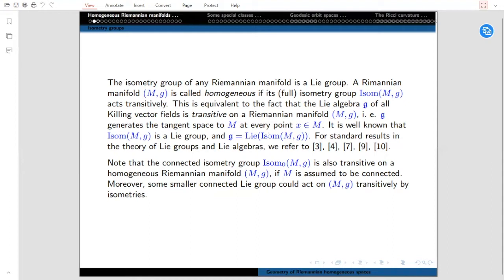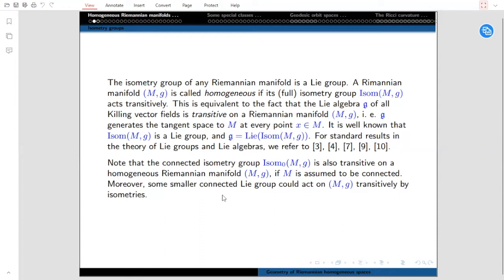It's well known that the isometry group is a Lie group and G Gothic is the Lie algebra of the isometry group of the Riemannian manifold. There are very standard, very good books, and later we will see some references. Note that the connected isometry group, Isom 0, is also transitive on a homogeneous Riemannian manifold if M is assumed to be connected.